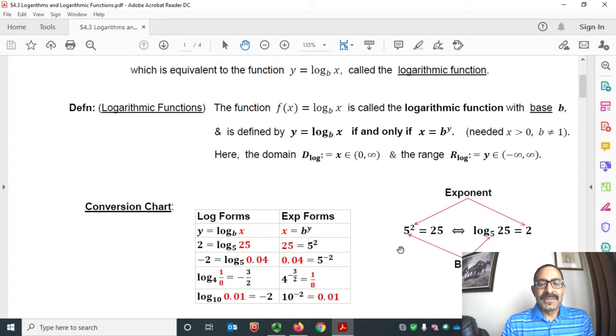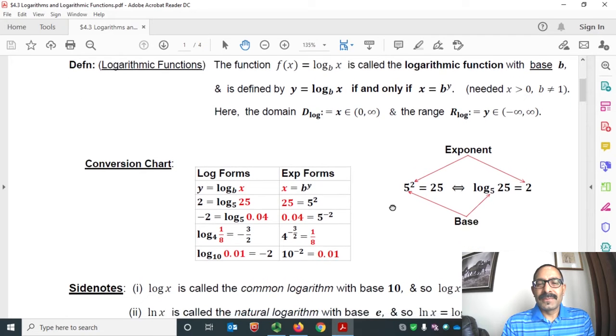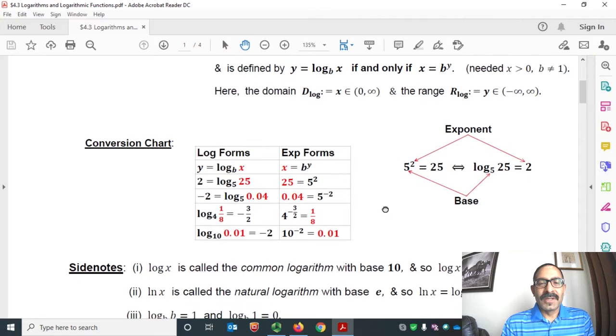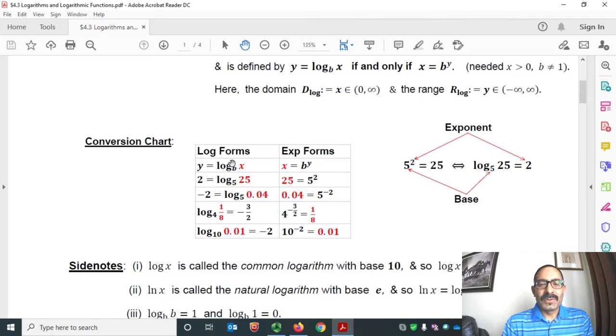Great. Now let's move on. So, conversion chart. The first column is the log forms, and the second column is the exponential forms. The first row is the definition here: y equals log x to the base b is equivalent to x equals b raised to the power y.